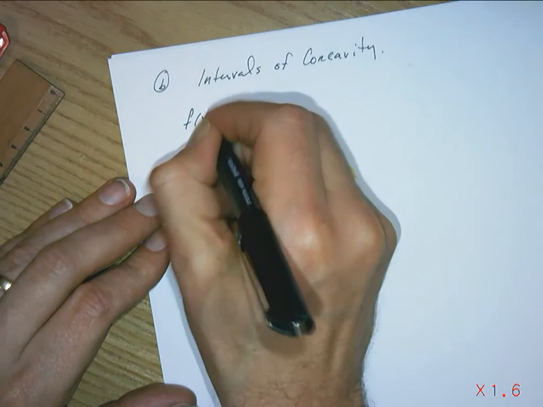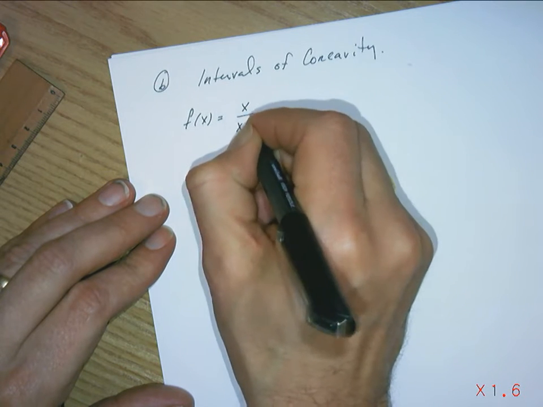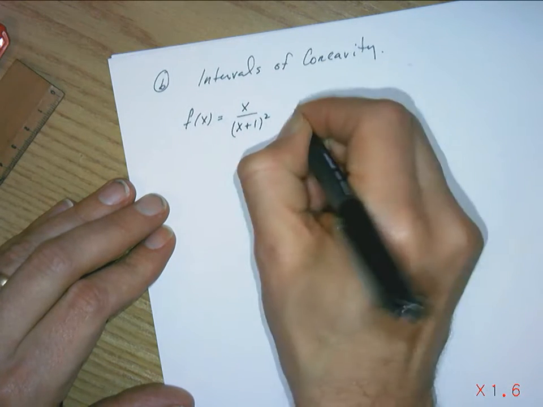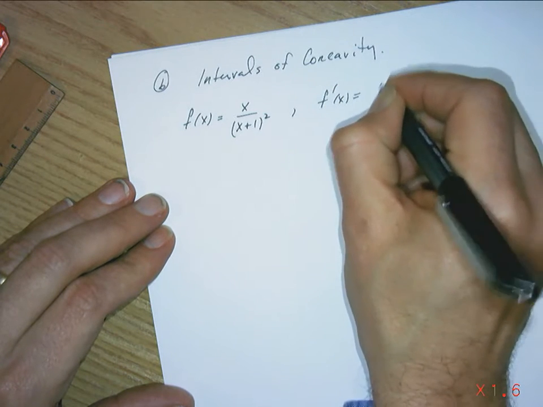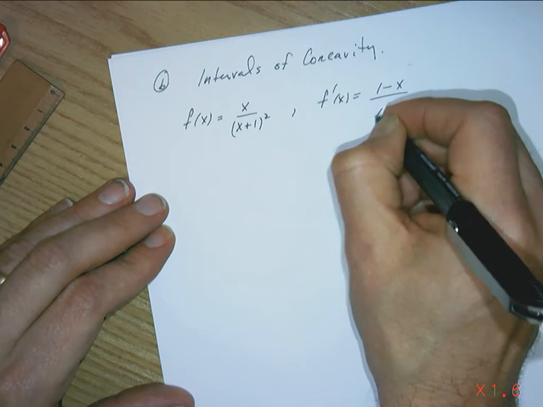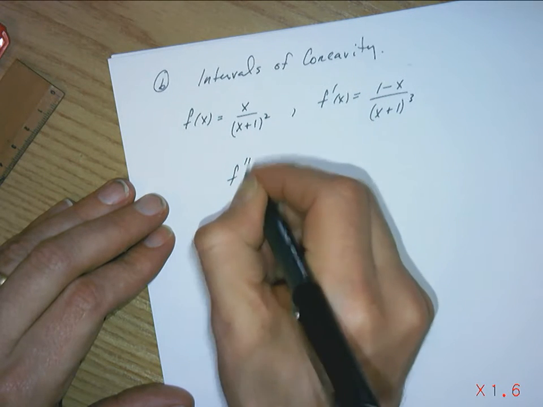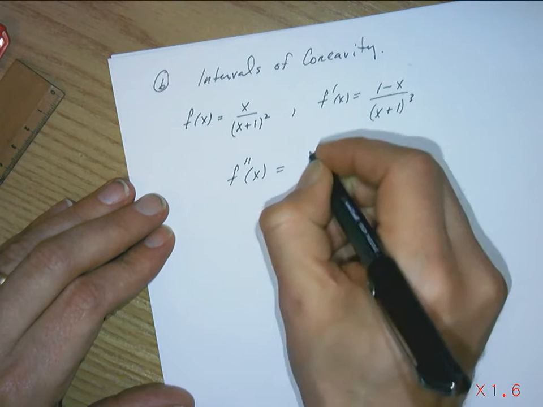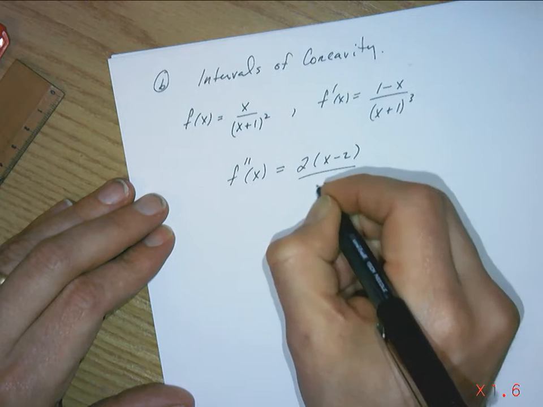So our first function, remember, was this. Remember, off camera, I determined that the first derivative was equal to this. And off camera, I went ahead and found the second derivative, which is equal, once simplified, to this.